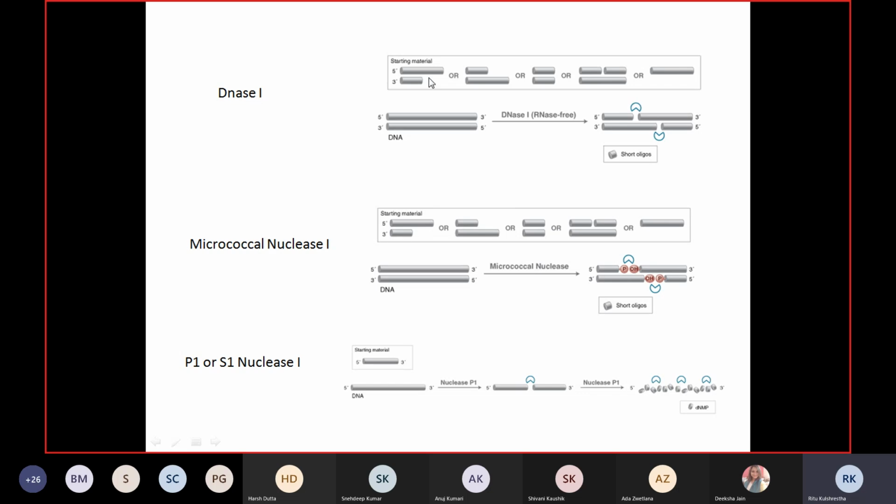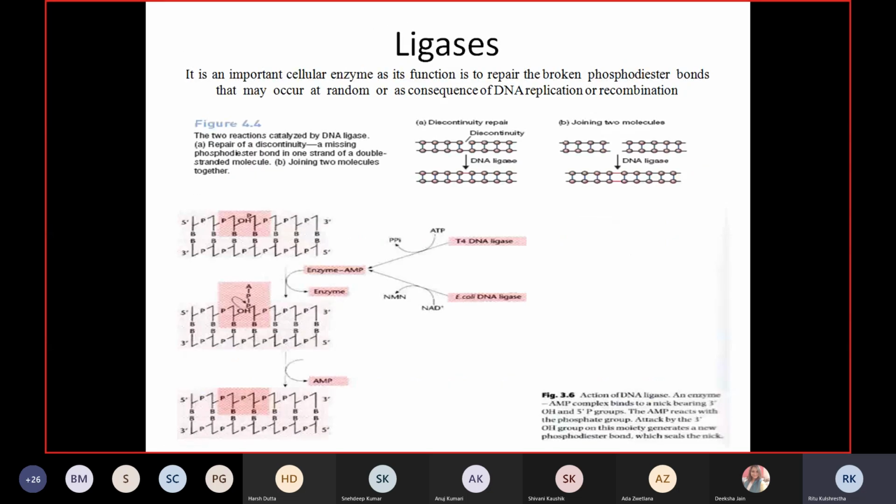These are the staggered ends, having either a 3' extension or a 5' extension. I'll probably make this more clear in my next class when I tell you how restriction endonucleases work. Again, when you have to join DNA molecules with staggered ends, you can use any of these enzymes and they work equally well.